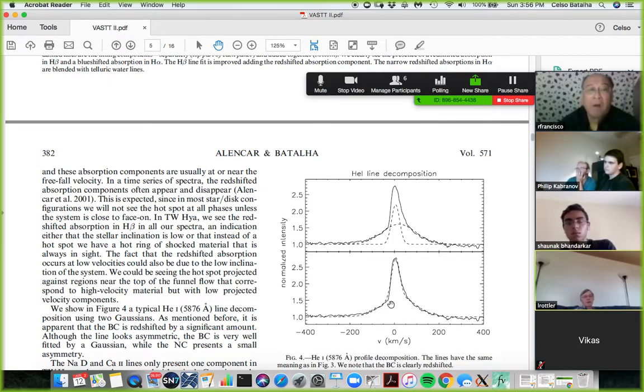Yeah, she tried to fit a Gaussian in the narrow component and another one in the broad component. You can see them here, right? Yeah, to decompose. But as you can see, it's unavoidable to see that there is a.